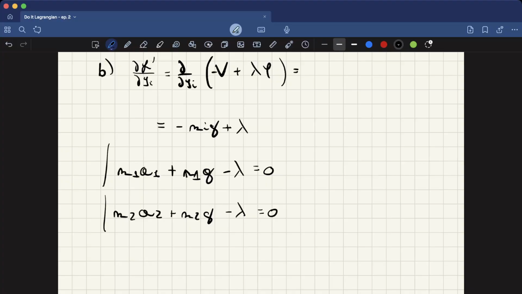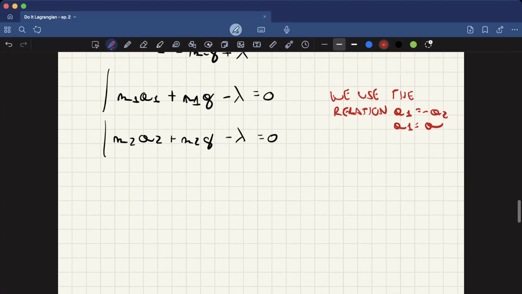And only now we use the relation we mentioned earlier, so that a_1 is equal to minus a_2, and that a_1 can just be named a, as we have done before in the Newtonian part.